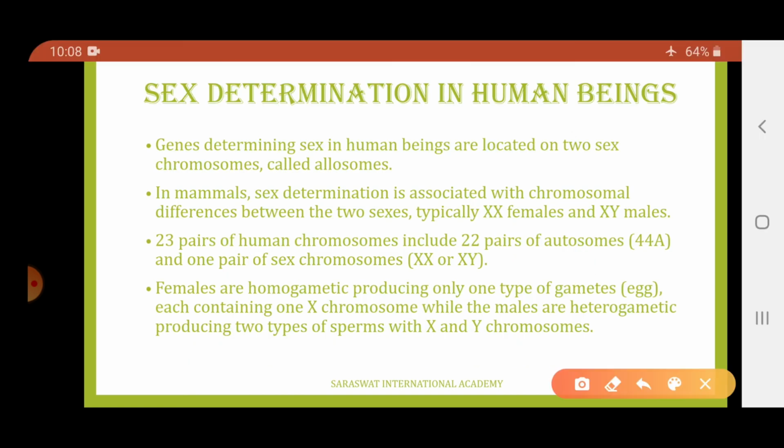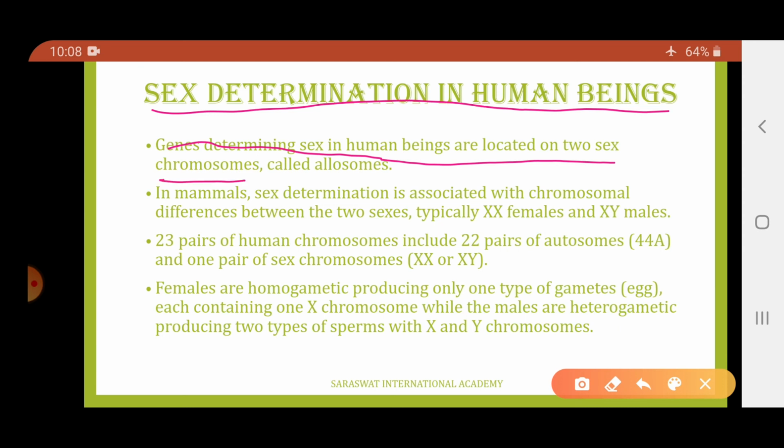Now we will study the sex determination in human beings. Genes determining the sex in human beings are located on the 2 sex chromosomes called allosomes. So, students, sex chromosomes are called allosomes and all the chromosomes except the sex chromosomes are called autosomes.